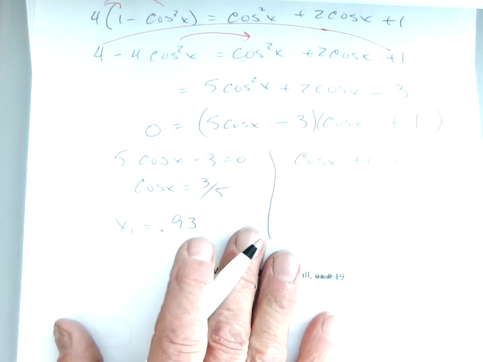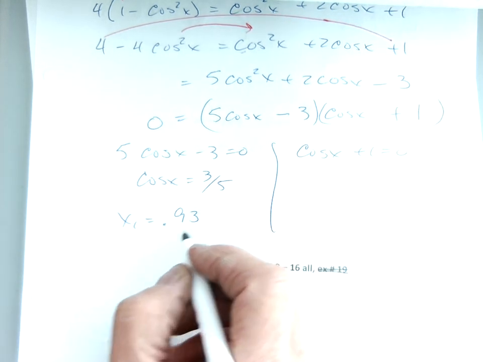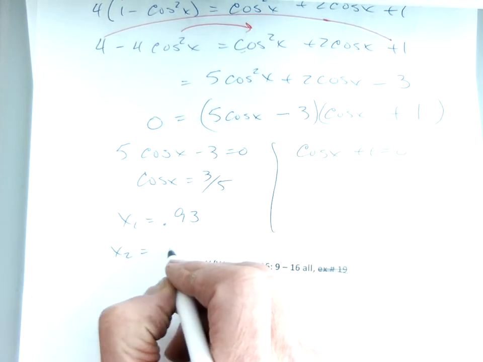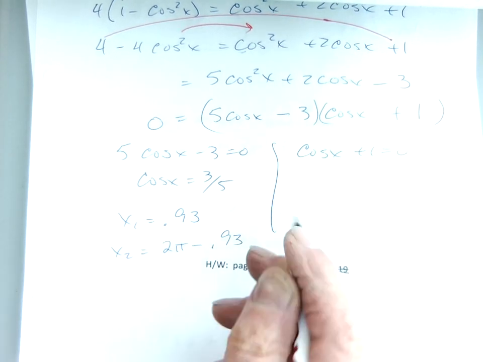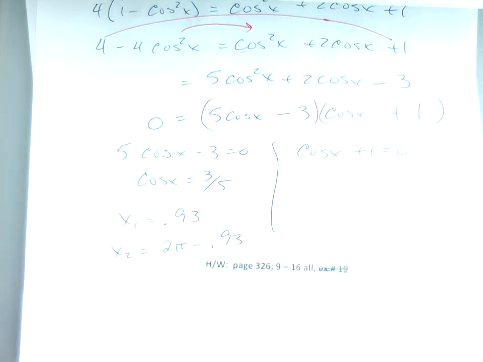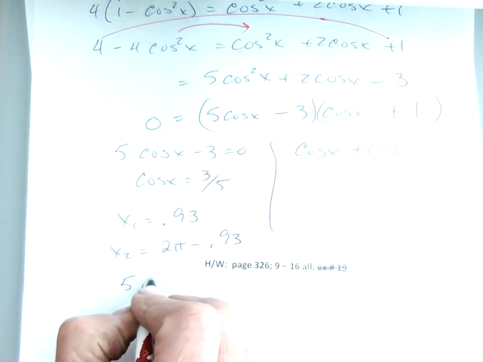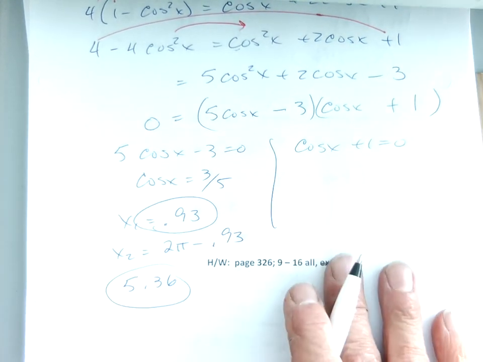Probably about 50 degrees, equivalent, because I know 1 radian is about 57, right? So to find the other, x2, if I had my chart, it would say take 2 pi minus that answer, and I get about 5.36, if I round.